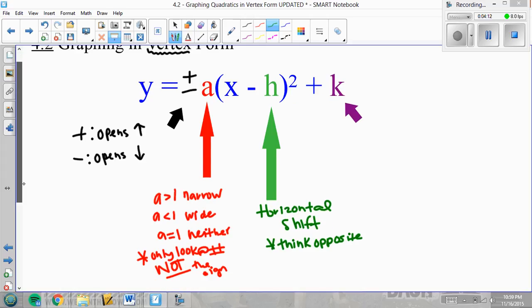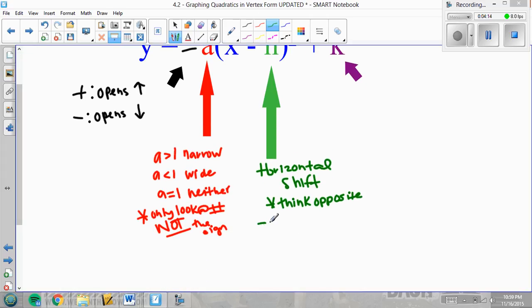So if you have a negative H, you're going to shift right. And if you have a positive H, you're going to shift left. The important thing here is to remember to think opposite.